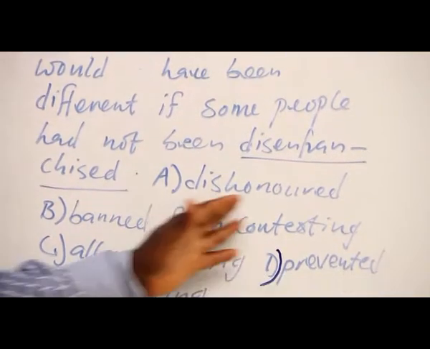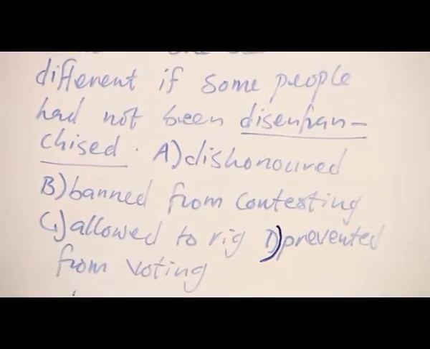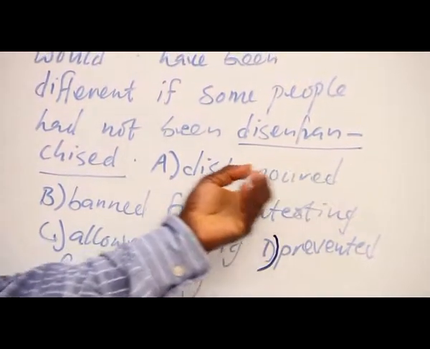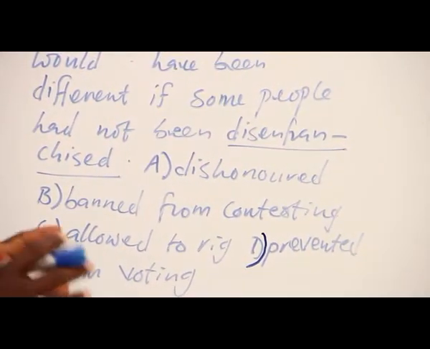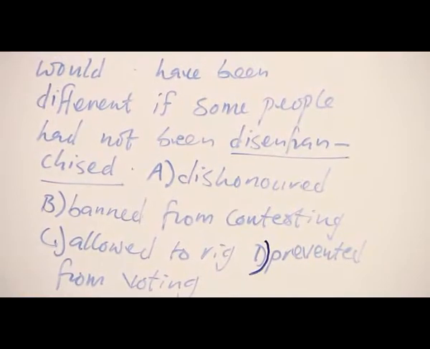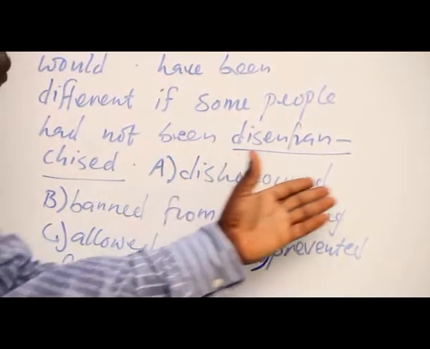We have A, dishonor. Dishonor you eliminate because the word dishonor is neutral to the register of politics. It has no special meaning within the register of politics. So we can comfortably remove dishonor.